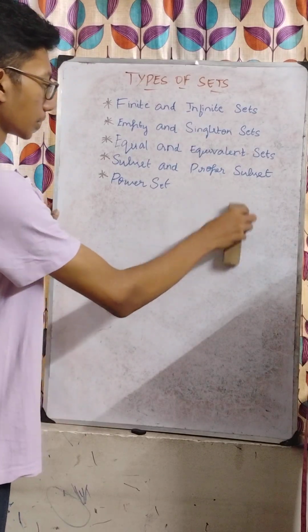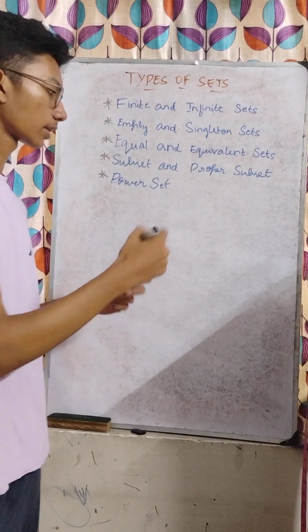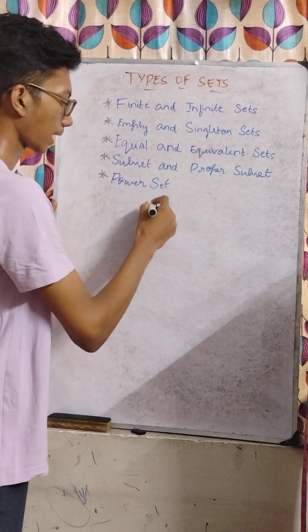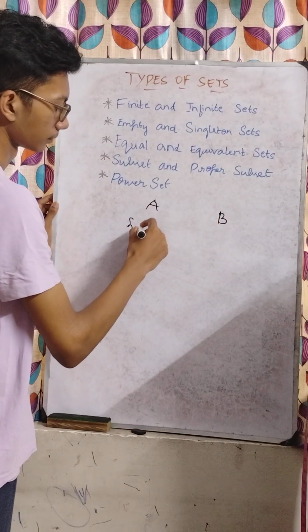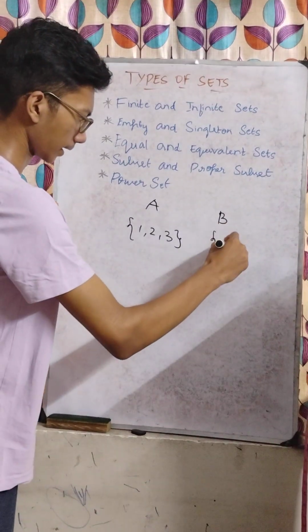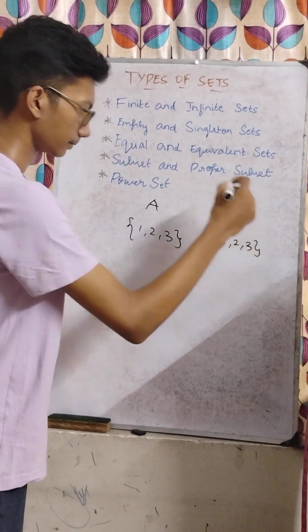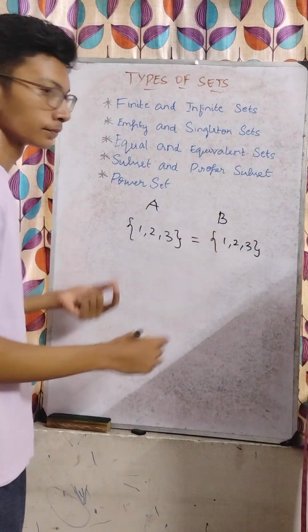So now the next thing is, what are equal and equivalent sets? Now these involve two sets, A and B. Let's say we have a set 1, 2 and 3, and another set 1, 2 and 3. Now these two are equal sets. How?